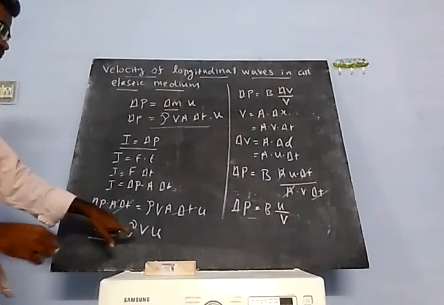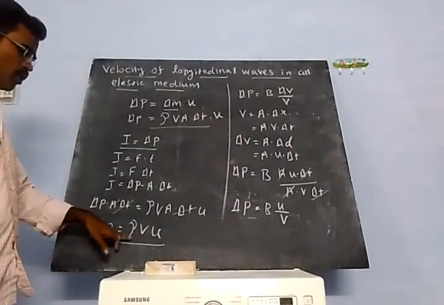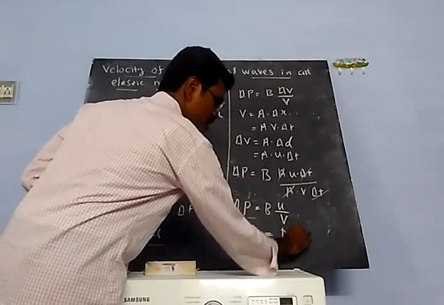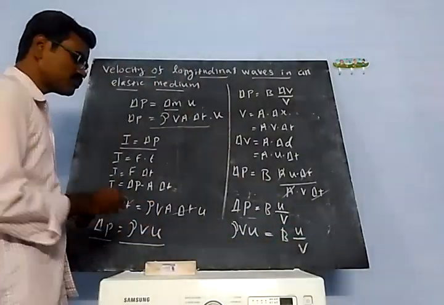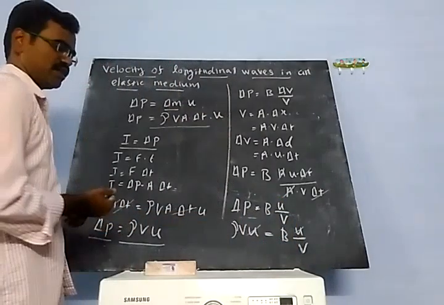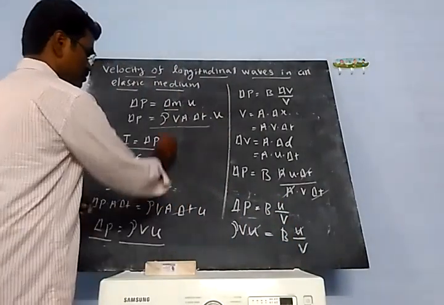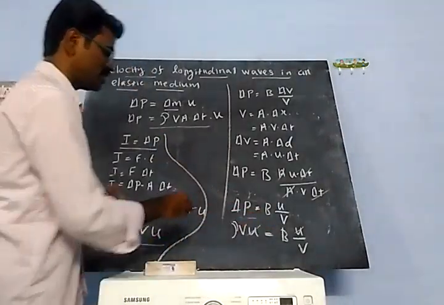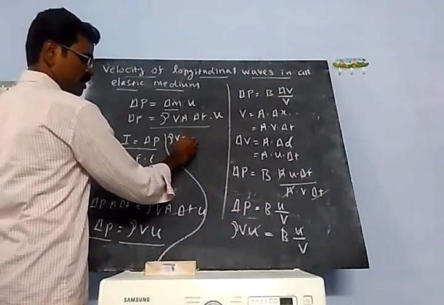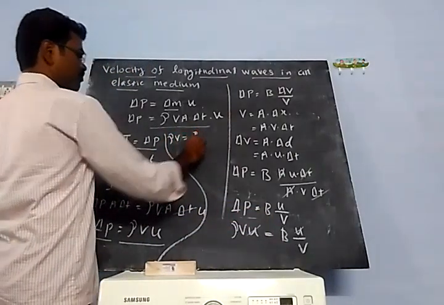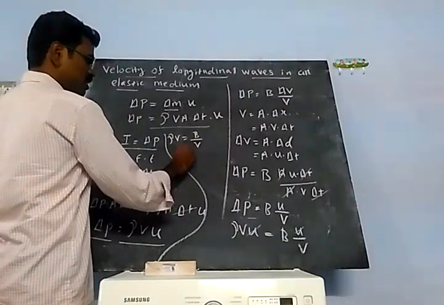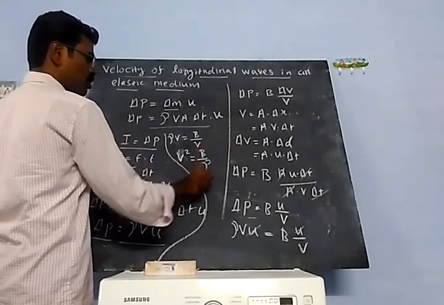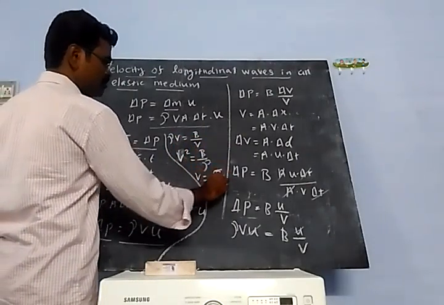But del P, what is that formula? We found that it is rho V U. So rho V U is equal to B U by V. U cancel and the remaining terms: rho V is equal to B by V, or V squared is equal to B by rho, or V is equal to square root of B by rho.